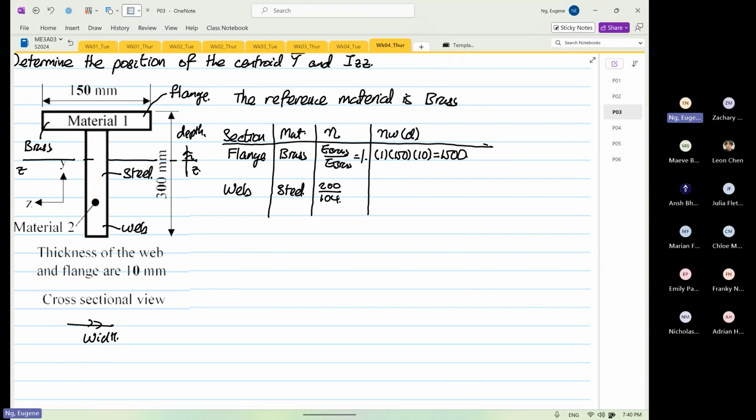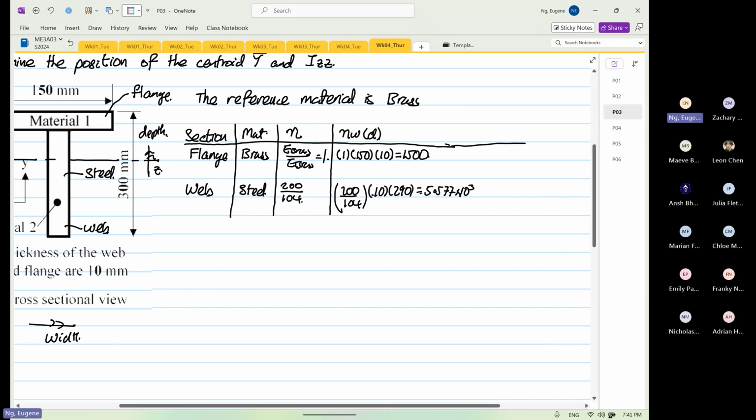That's straightforward. Then the next one, n is equal to 200 over 104, the width is 10, the depth is 290. So 200 divided by 104 multiplied by 10 multiplied by 290 is equal to 5.577 times 10 to the power 3.